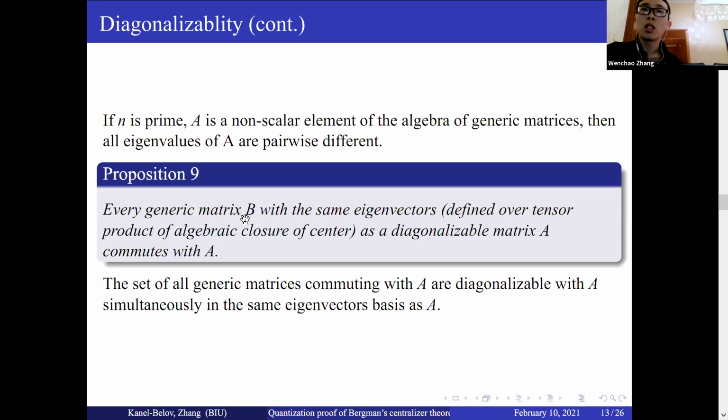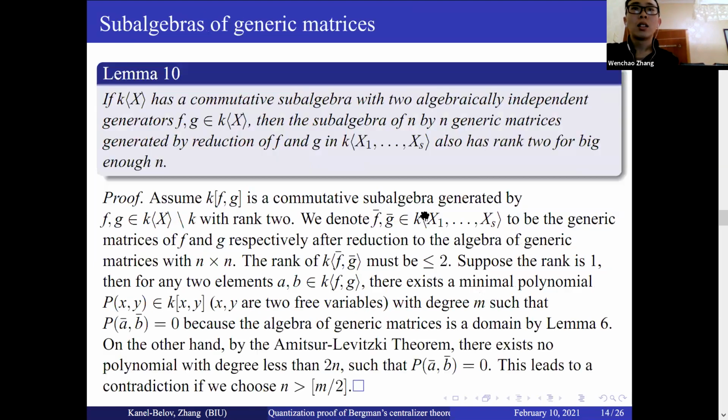If the generic matrix has the same eigenvectors, then the non-scalar element which is diagonalizable will commute with A. So the set of all generic matrices commuting with A are diagonalizable with A, and they have the same eigenvector basis as A. And then we can also consider the relations between the free associative algebra and the algebra of generic matrices.